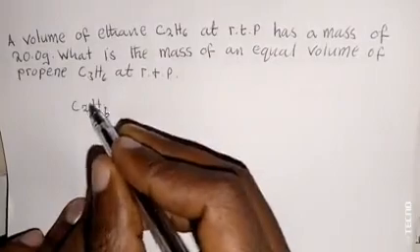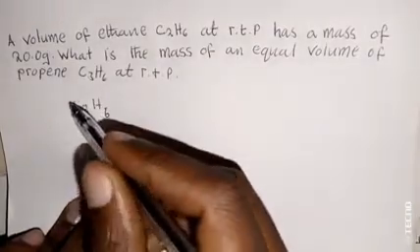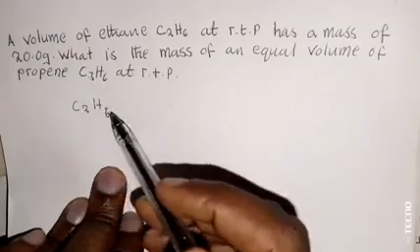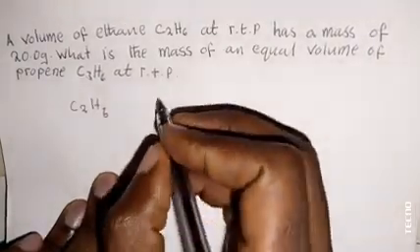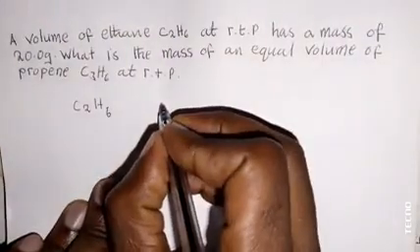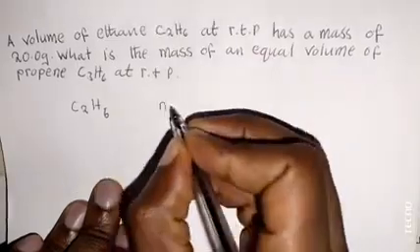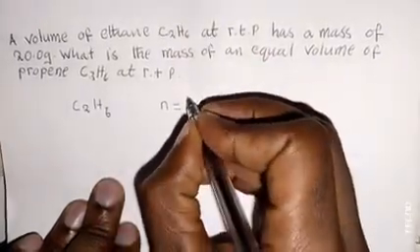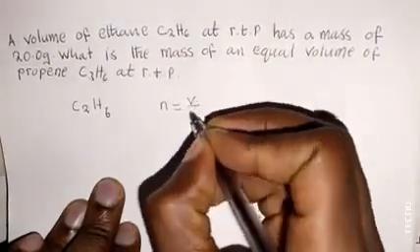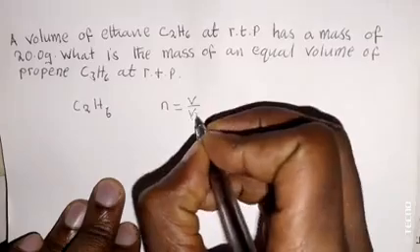The formula that we can use in order for us to find the volume at RTP is n equals V over molar volume.